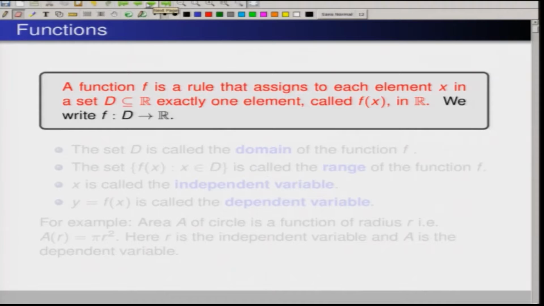and we call this function f. That means f will take, according to a certain rule, each element of D. Suppose x belongs to D, then it will assign one real number for each x, that is f x.